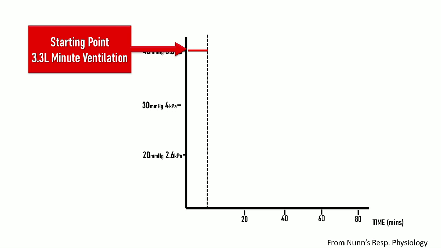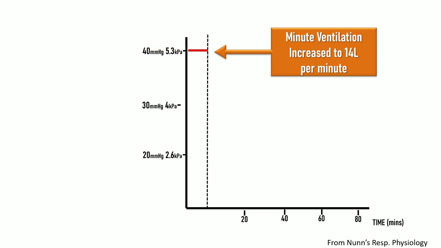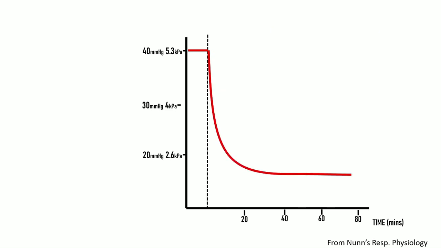Now we're going to go along and change the ventilator and increase the minute ventilation to 14 liters per minute. Look at what happens with the PaCO2. It drops dramatically and extremely quickly. It falls down to below 20 millimeters of mercury or 2.5 kilopascals. Hyperventilation rapidly reduces PaCO2 in a situation where production of CO2 is at steady state.